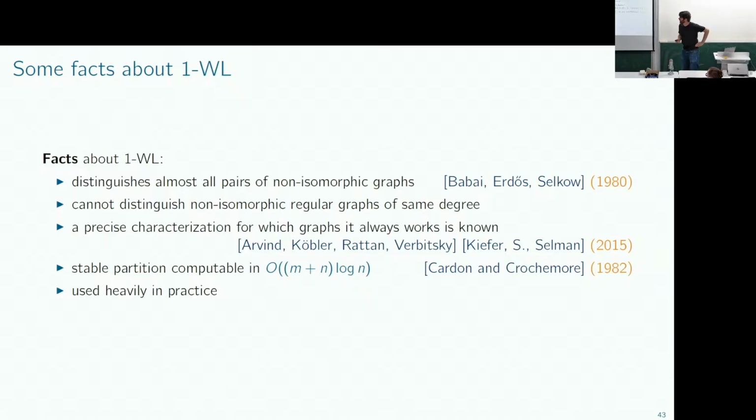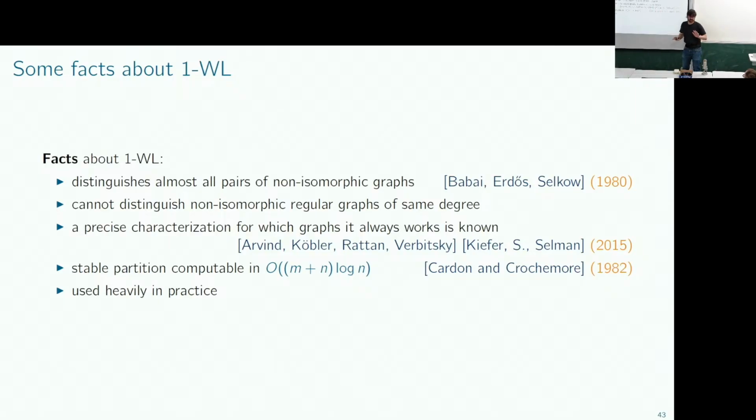Here are some facts about color refinement. It almost always works. If you take a random G(n,p) graph, then with high probability, it will color all the vertices with different colors. It cannot distinguish regular graphs of the same degree. So if you have a 3-regular graph and another 3-regular graph, it's not going to do anything. So it doesn't always work. Often it doesn't work.